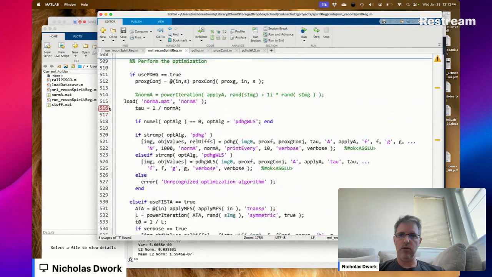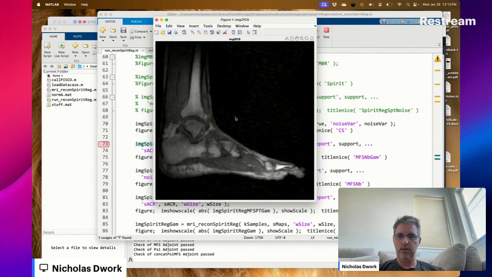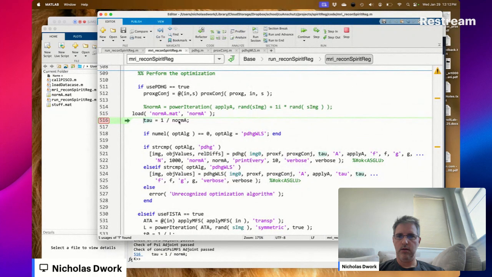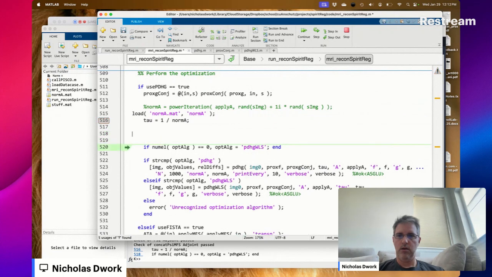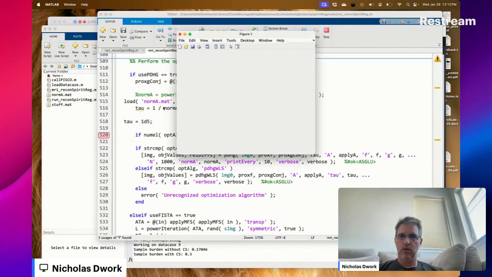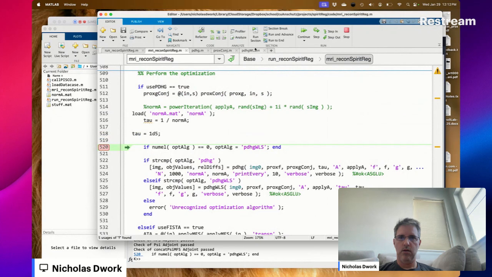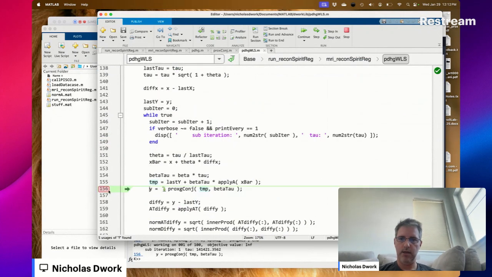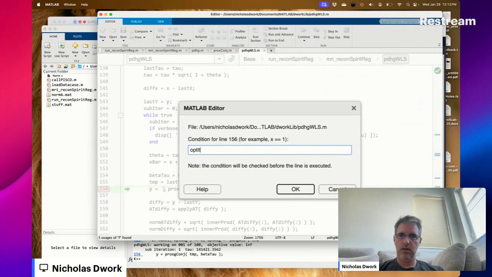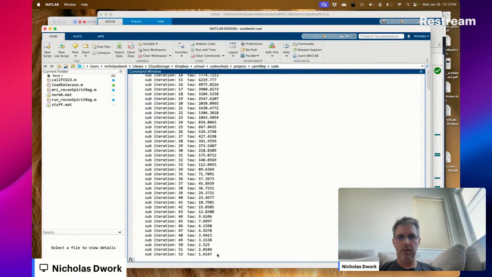What if I set tau equal to some giant number? Does it go back? Yeah, it becomes tiny.